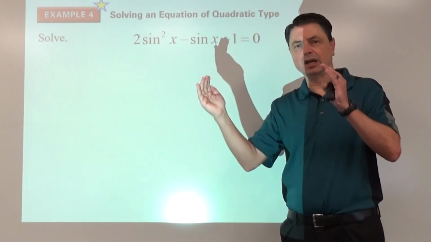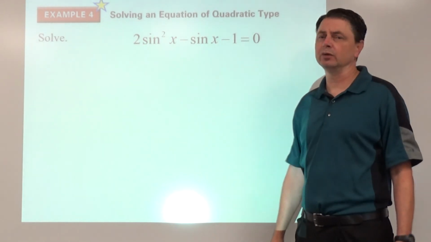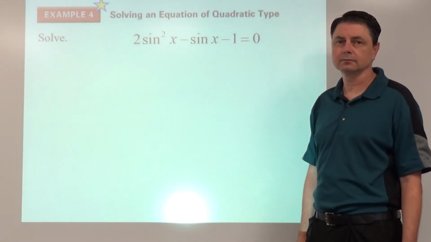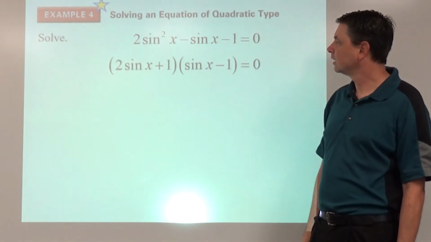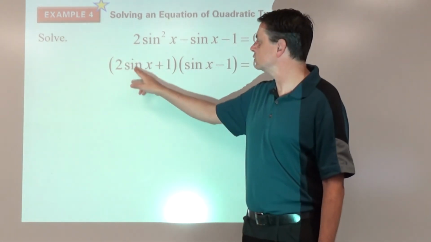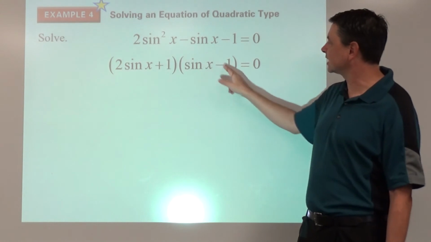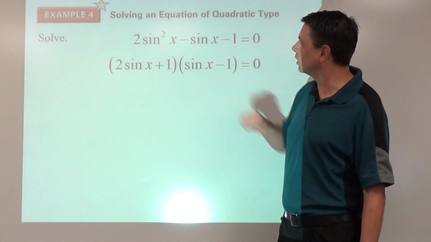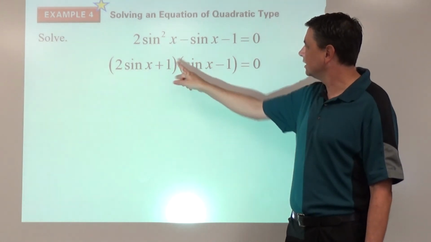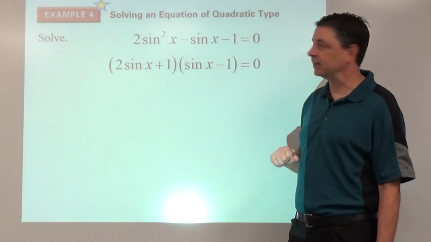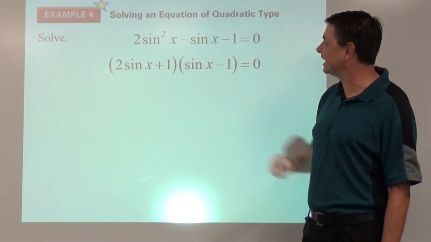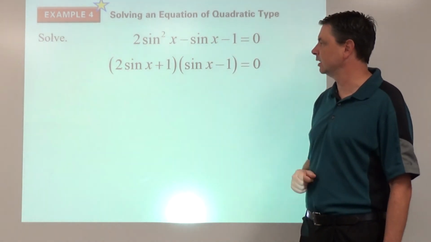Hint, it's going to be a binomial times a binomial. All right, it does work out if it's 2 sine x plus 1, sine x minus 1, as first and first multiplied together to make 2 sine squared x, last and last multiplied to give us negative 1. Outside, inside do make the negative 1 sine x in the middle.